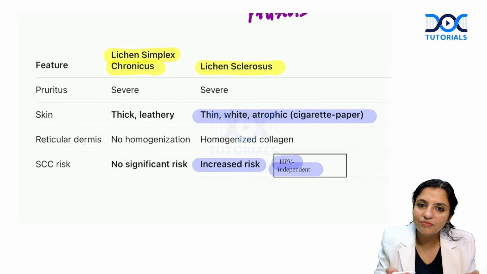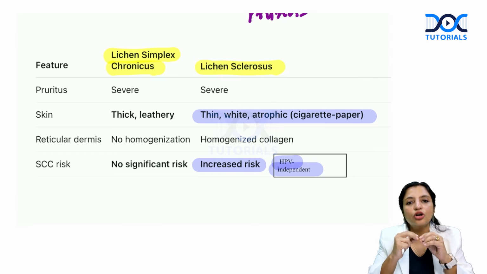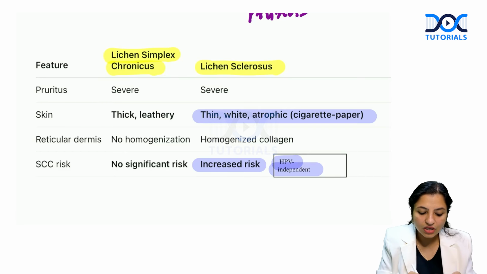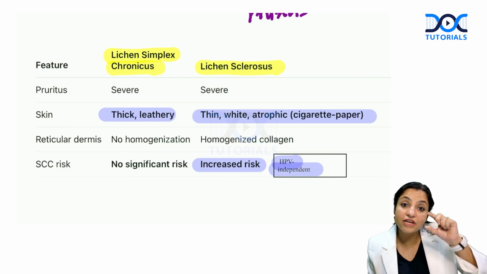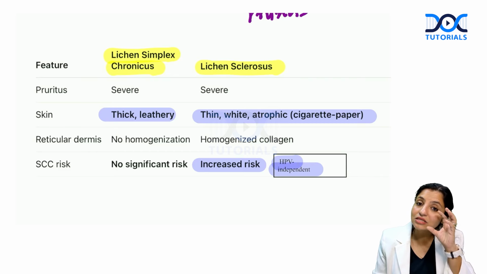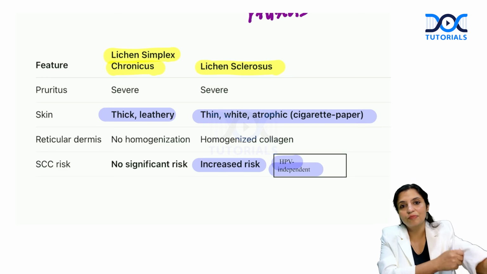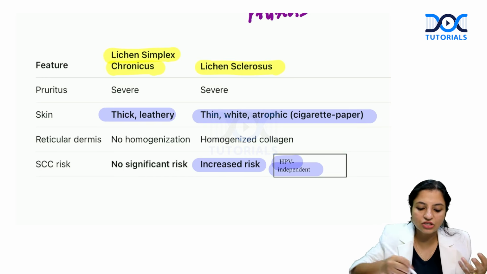What about lichen simplex chronicus? There is a lot of itching to the patient. Itching causes a lot of thickening of the epithelium. So here, the overlying skin is very thickened and leathery. That's a catch point. If the skin is thick and leathery, think of lichen simplex chronicus. Remember, the name itself says chronicus.